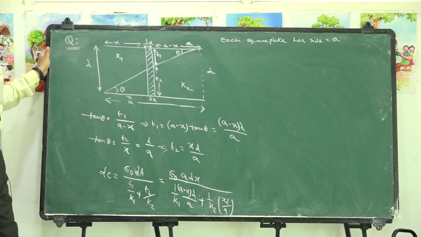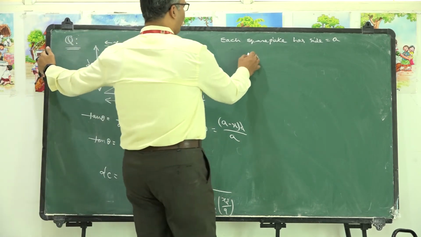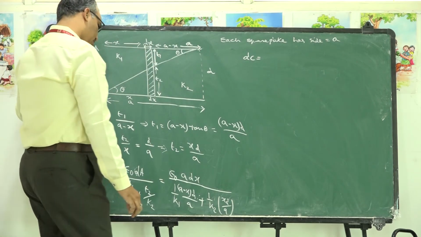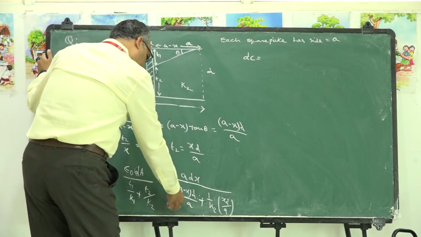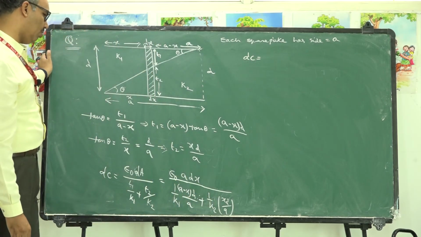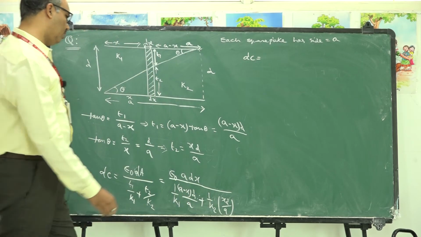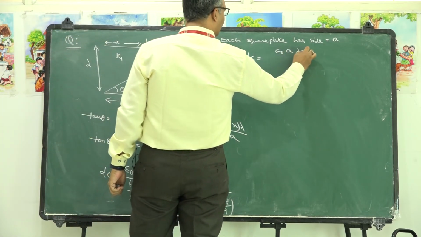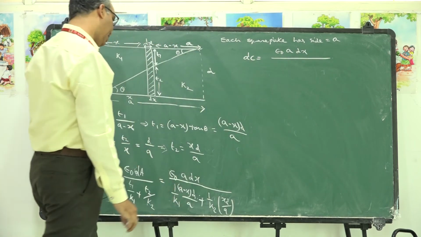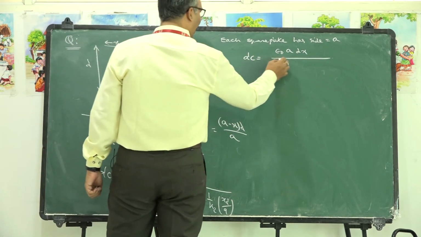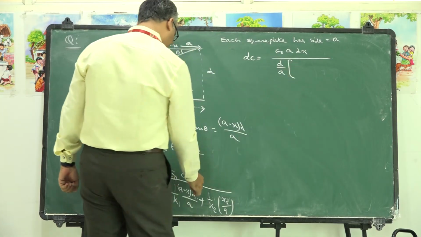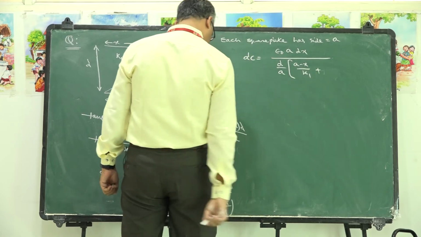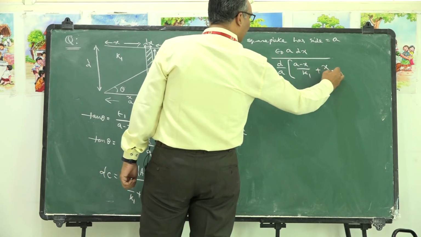If you simplify this, dC is given by, what is the simplification? Here in the denominator, A will come as common, or otherwise one more step I will write. Epsilon naught A dx by, in the denominator I can take d by A as common: (A minus x) by K1 plus x by K2.